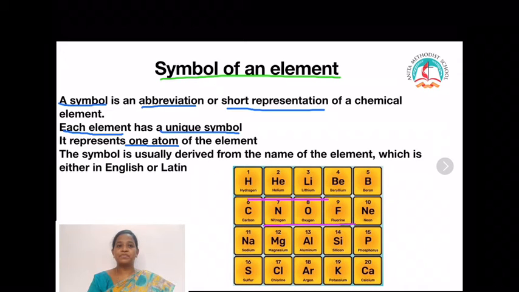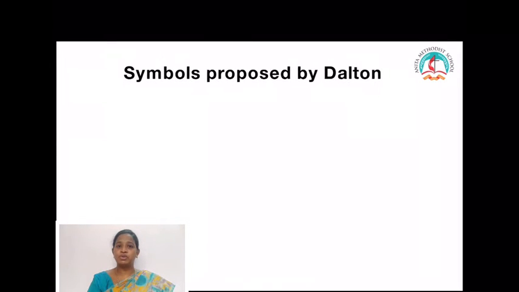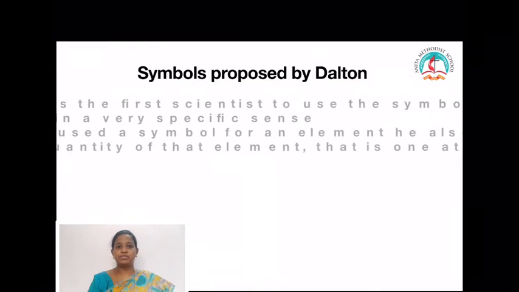Now let's see symbols proposed by John Dalton. John Dalton was a scientist who proposed some diagram representation of few elements and their symbols.